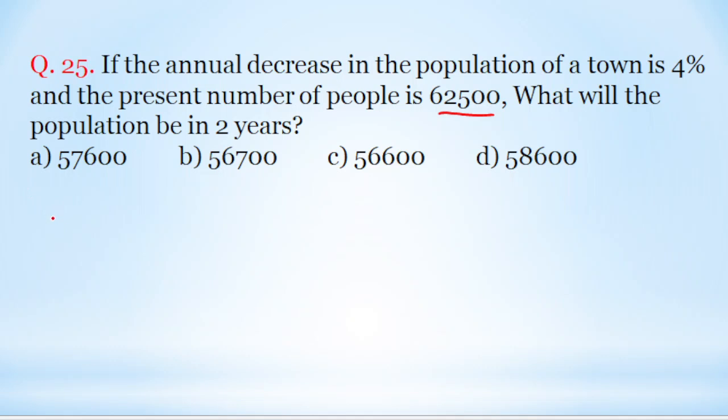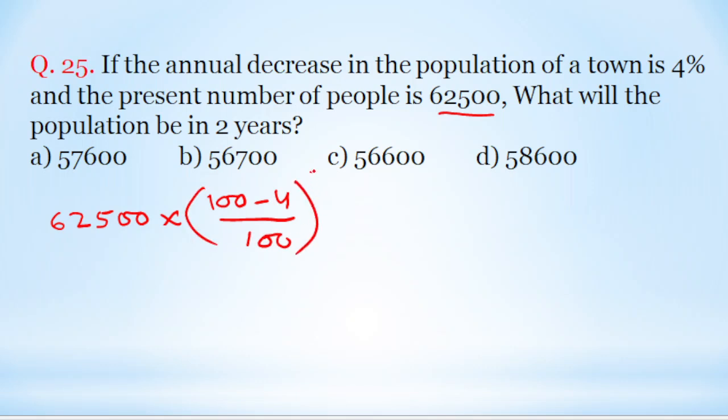That means here, present population is 62,500 into 100 minus 4 by 100 to the power 2. Because the rate percentage is decreased, it will be 100 minus 4.